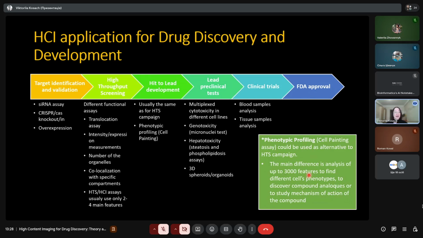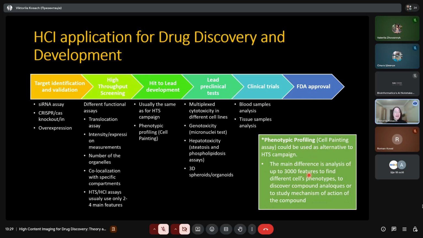This assay could be very helpful when you have a known compound tested, and you just have to find new analogs of this compound that will give you the same phenotype.